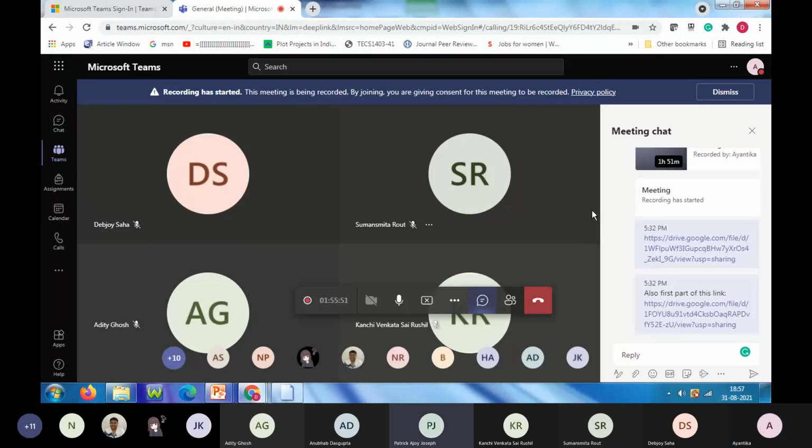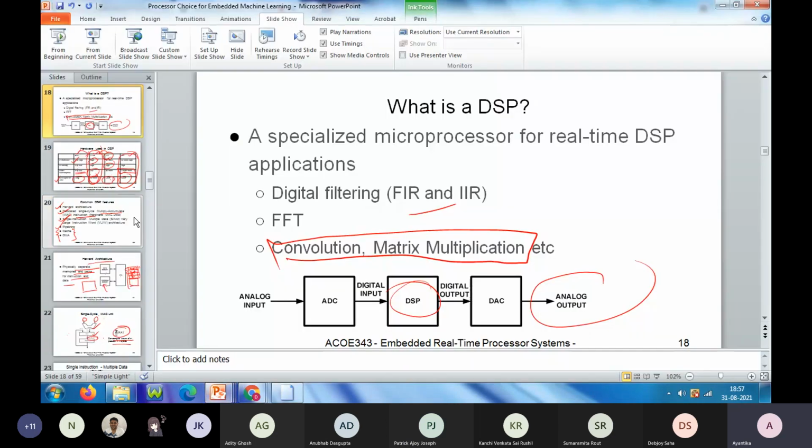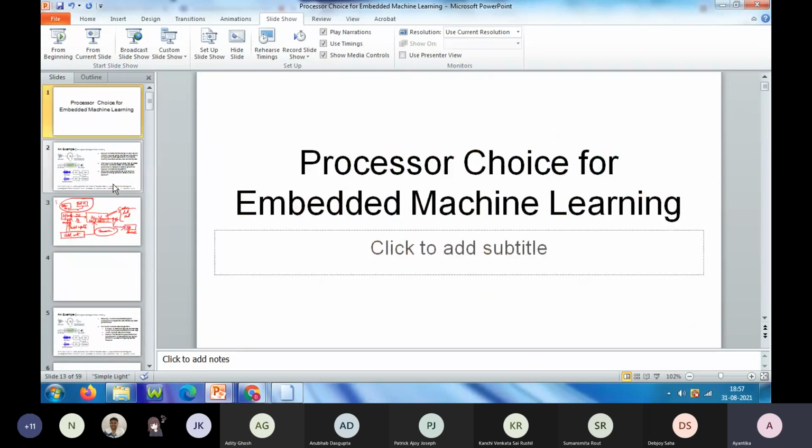Ma'am, which kind of microcontroller is usually used for embedded machine learning? Currently in the industry, I'm telling you, the DSP processor is one of the solutions. That's why you can see this paper we are referring to, a very recent paper.